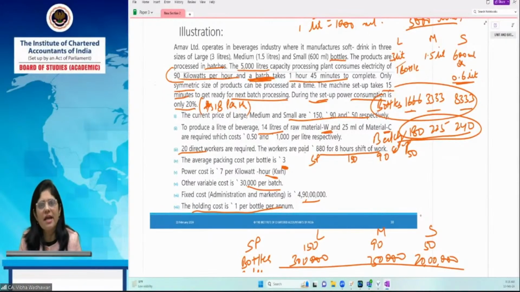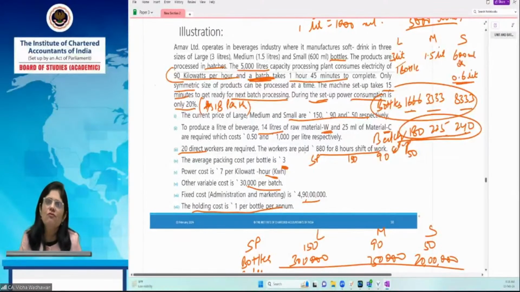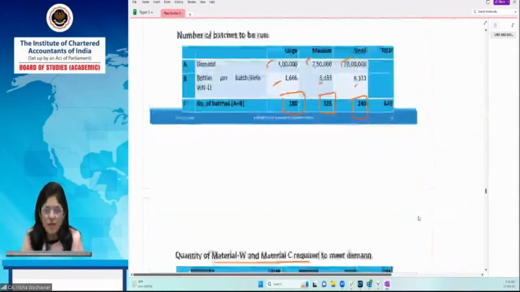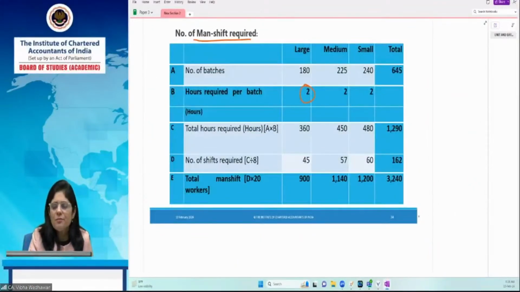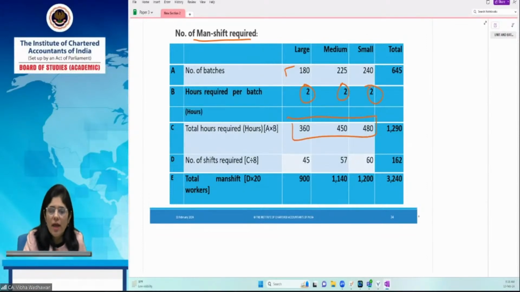So 2 hours time is taking to run one batch. And how many batches? 180, 225 and 250 batches we are running. So how much labor hours we require? So I hope we have this. Yes. See, 2 hours per batch is required and these many batches. So these are the total hours required for large, medium and small.